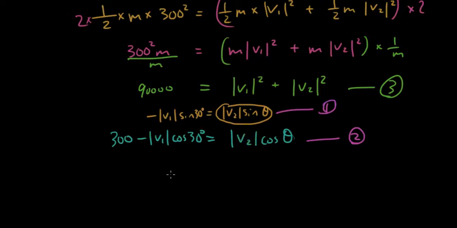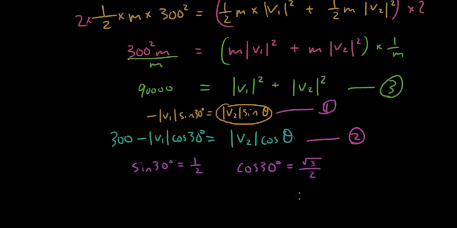Now, just to make these equations a bit easier to represent, I want to bring in some simple trigonometric identities. Sine 30 is just equal to a half, and cos 30 is equal to square root of 3 over 2.